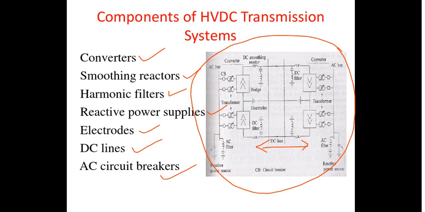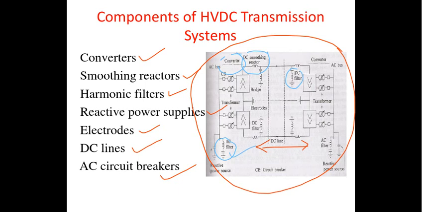We speak about the converter, then the DC smoothing reactors, then the harmonic filters, right? This could be in the form of a DC filter as well as an AC filter. Then we have the reactive power supplies, which is a component of the DC filter also.